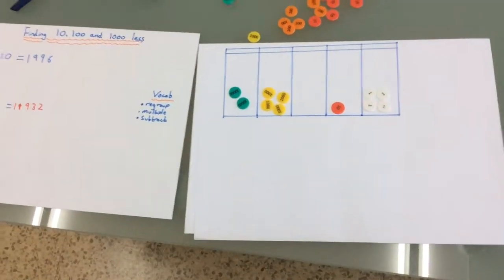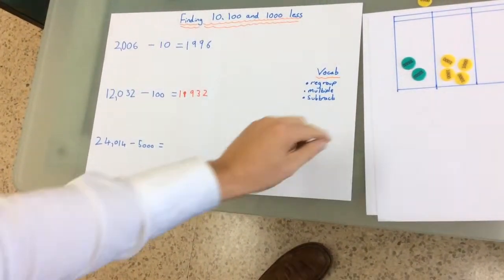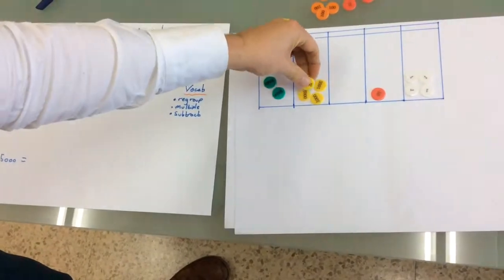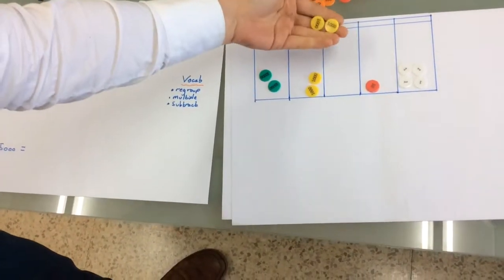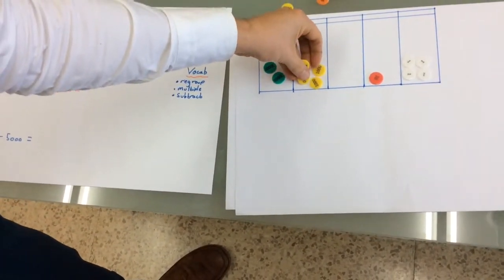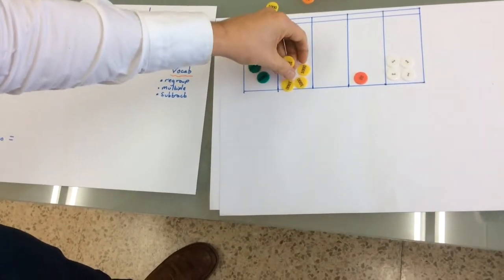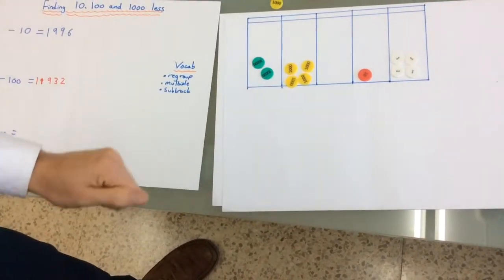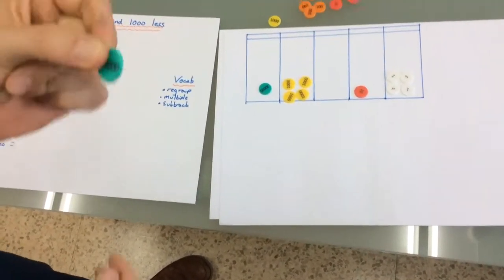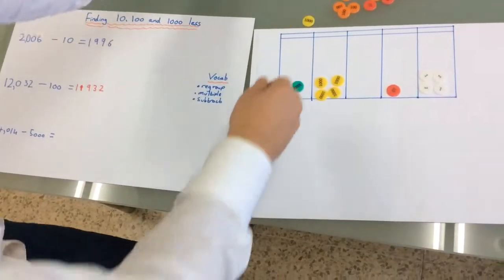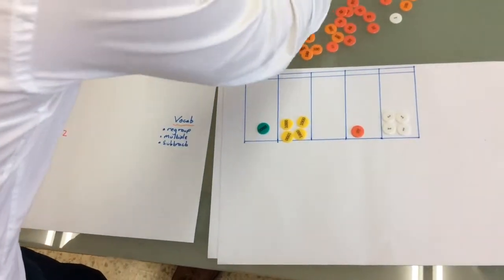Here we go. And I have to subtract 5,000. Well, I can start by subtracting 4 of these, but there won't be enough. So let's leave those 4 where they are for right now, and let's regroup one of the 10,000s for 10 thousands.